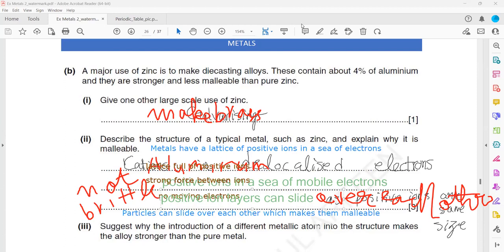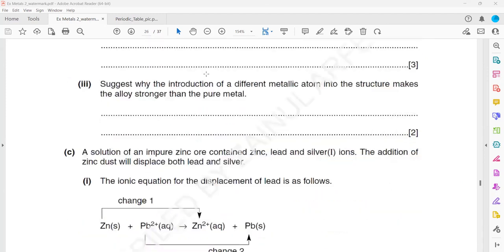If you write only not brittle, because they ask you to explain, you have to state a reason here.